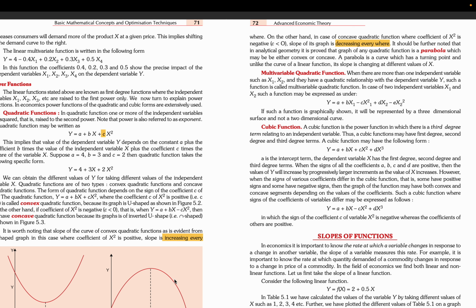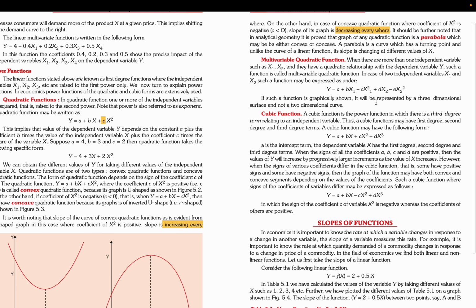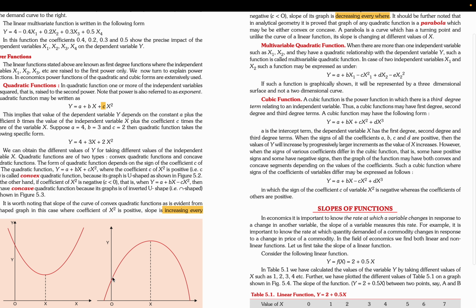So it keeps falling everywhere. A parabola is a curve which has a turning point, and unlike the curve of a linear function, its slope is changing at different values of x, like I said. So its slope is going to change at every single value of x.